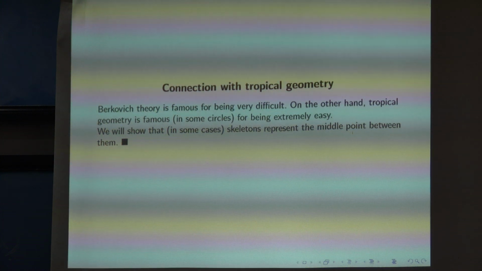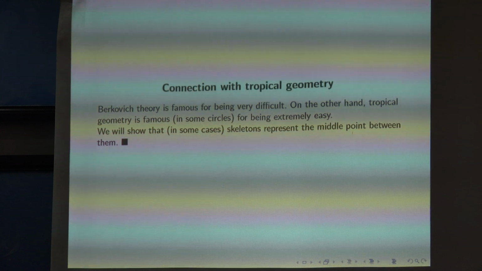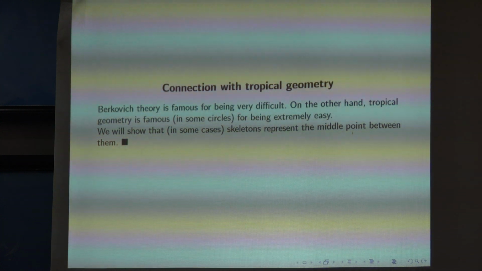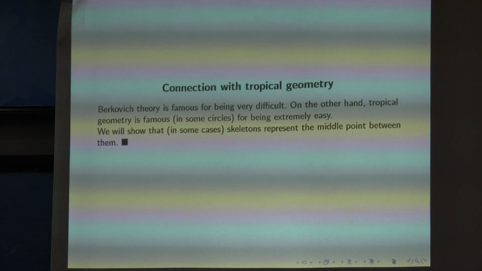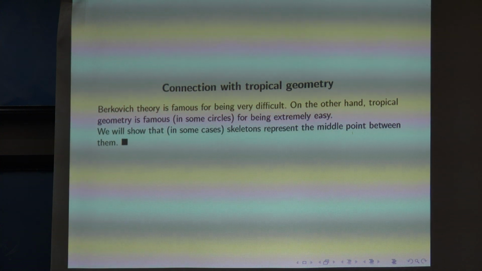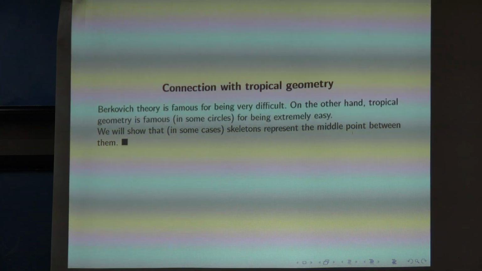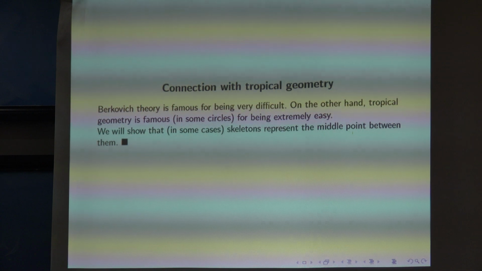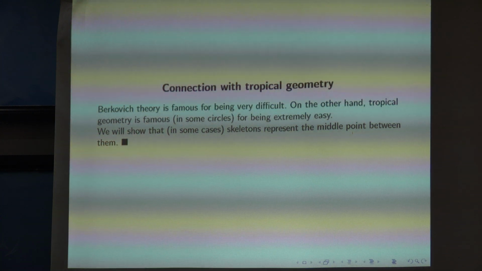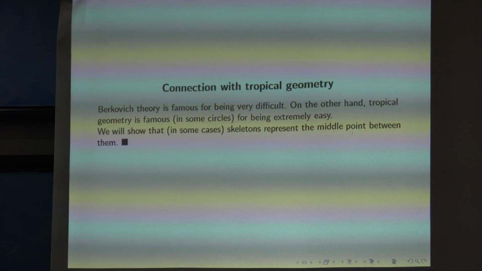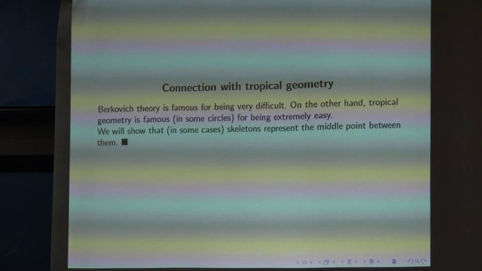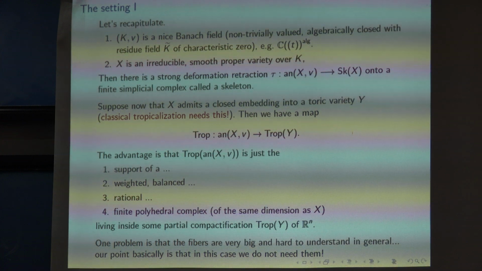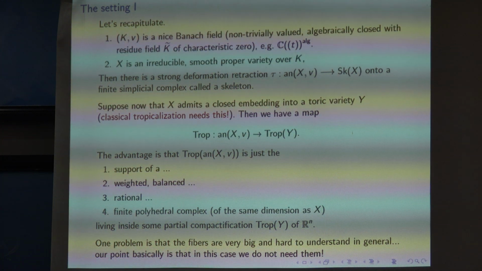But my point is that skeletons are the middle point between Berkovich geometry and tropical geometry. So this may interest more people in studying Berkovich because it's not going to be so hard, and maybe interest more people in doing tropical because it is not going to be very easy. So let me recapitulate. I have a nice Banach field.